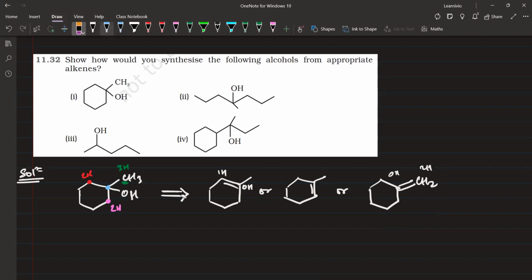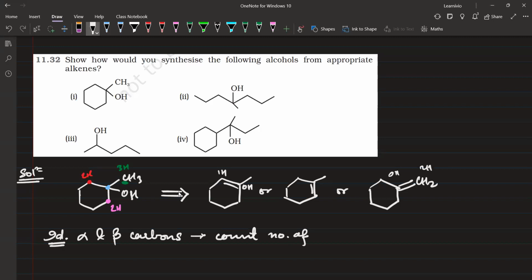First of all, you will identify a few things. What you will identify? Identify alpha and beta carbons. ठीक है. Next, count the number of hydrogens on beta carbons.